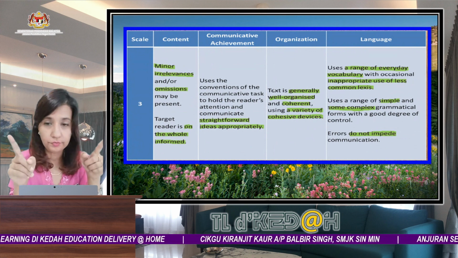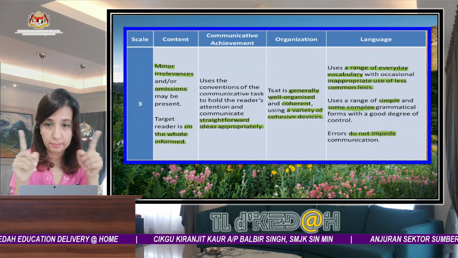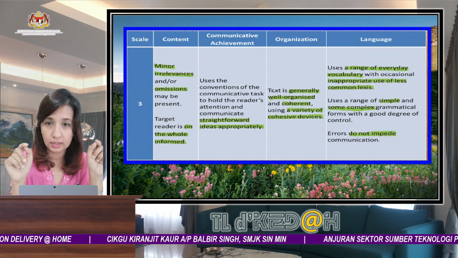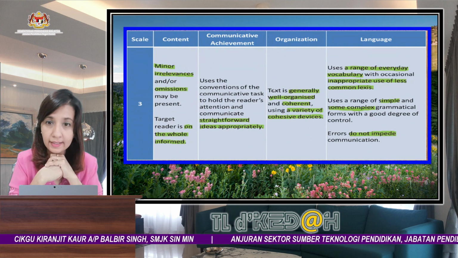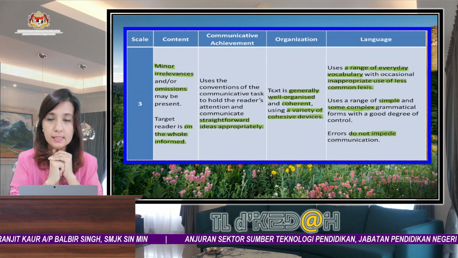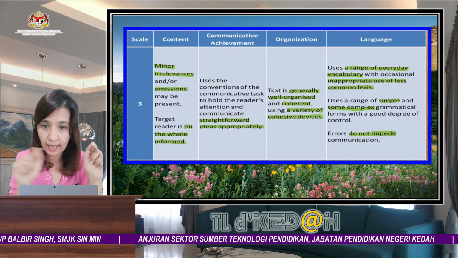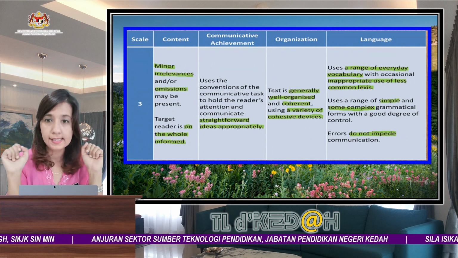If you use a good phrase but you don't know how to use it, you memorize but you don't know how to use it in context, then it can affect the marks for your language. So be very careful when you find words. Find them in context, know how to apply them, know how to write them in sentences.